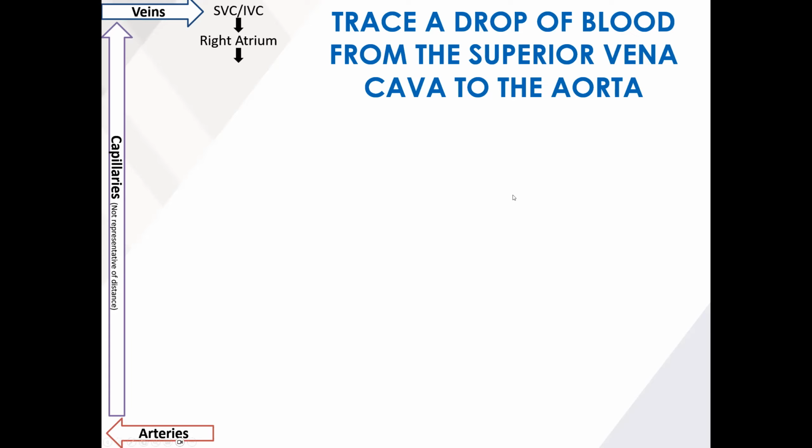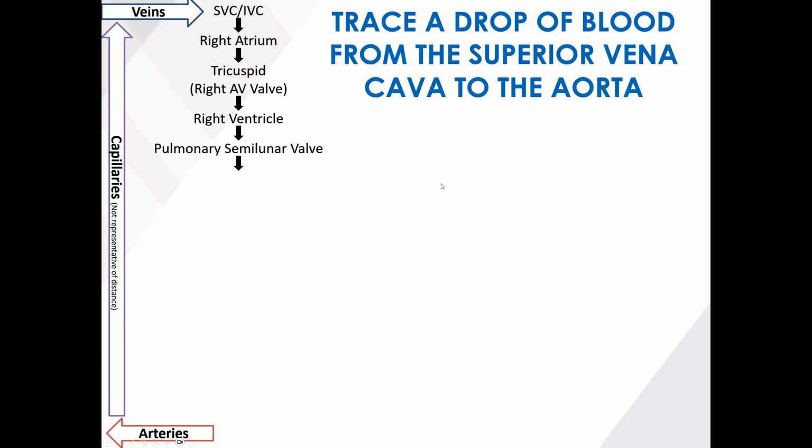And in order to get into the right ventricle, we're going to have to pass by the tricuspid or the right atrioventricular valve. Then we're going to be in the right ventricle. We saw in the first question that the right ventricle supplies the lungs with blood. We're going to work our way into the pulmonary trunk.